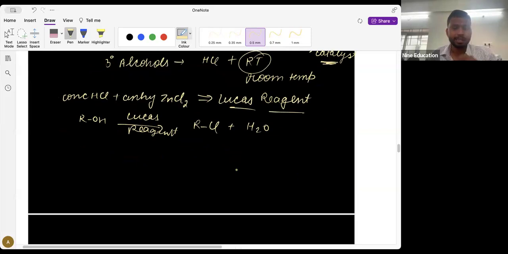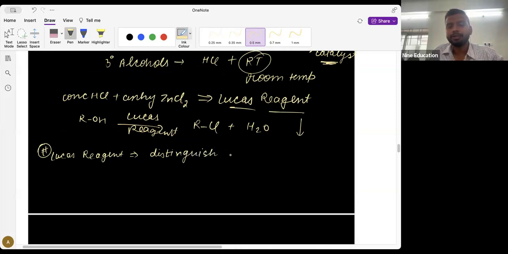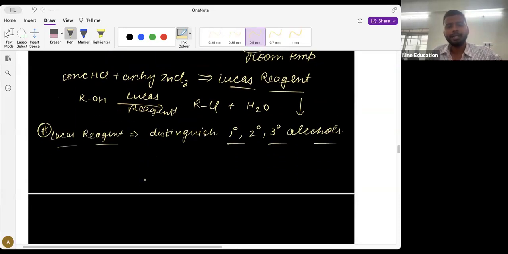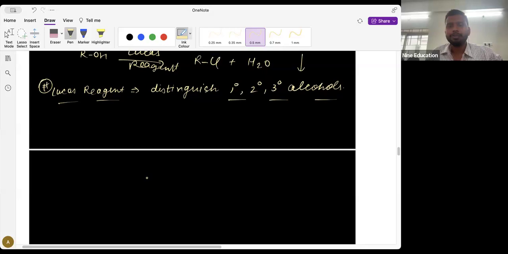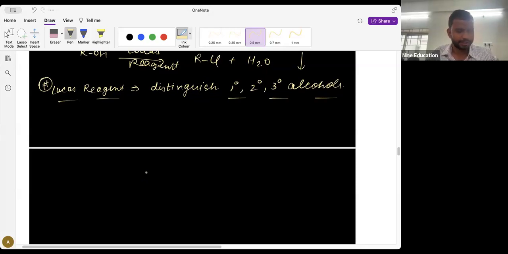Remember this. And this Lucas reagent, make a hashtag here, helps us to distinguish 1-degree, 2-degree, and 3-degree alcohols. If I have given you 1-degree, 2-degree, and 3-degree alcohols, the Lucas reagent can tell me which one is 1-degree, which one is 2-degree, and which one is 3-degree.